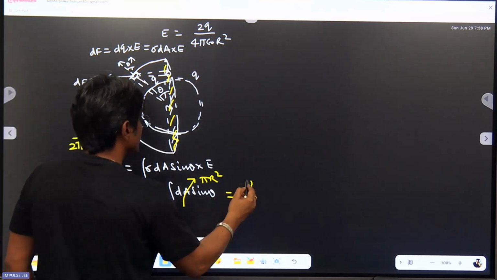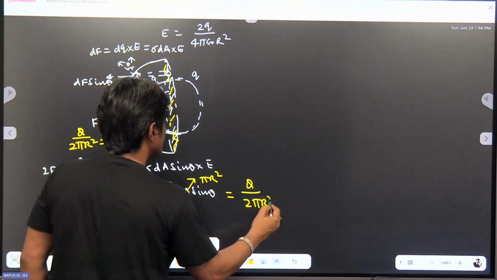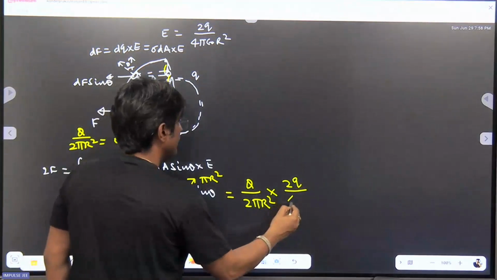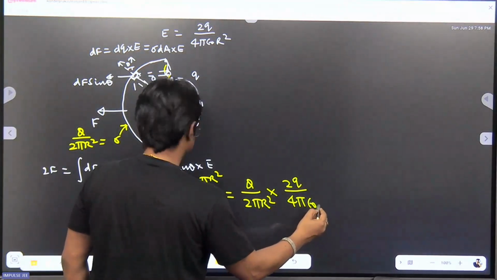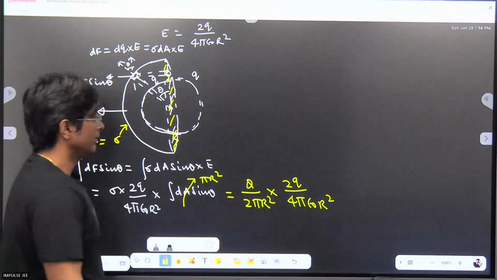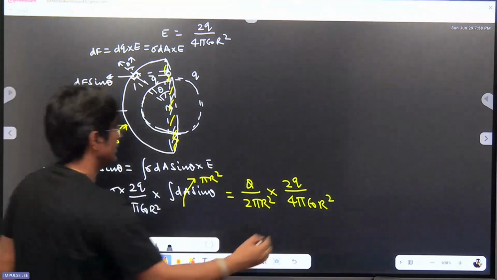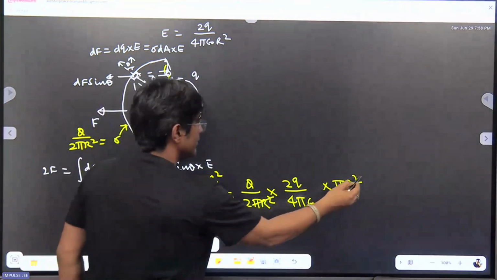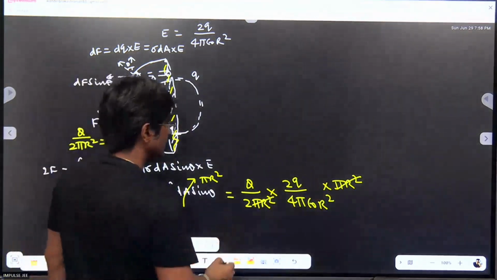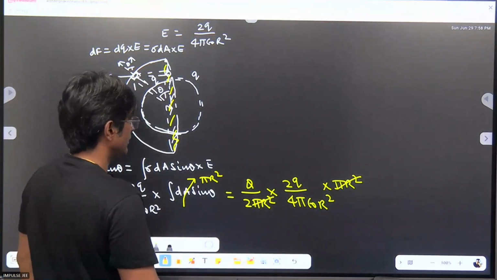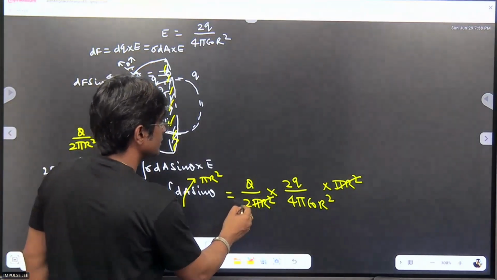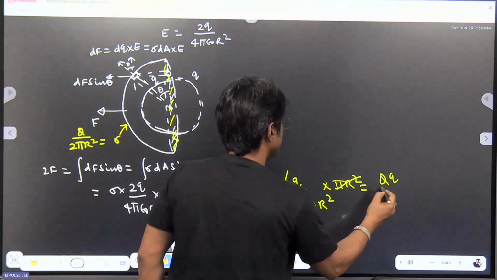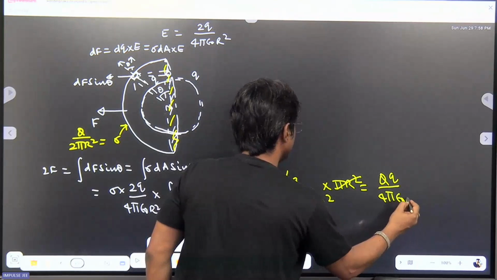Substituting, we get Q by 2 pi r square into 2q by 4 pi epsilon naught r square times the projected area pi r square. The pi r square cancels out, and the 2 and 2 cancel out. So we get Qq by 4 pi epsilon naught r square.